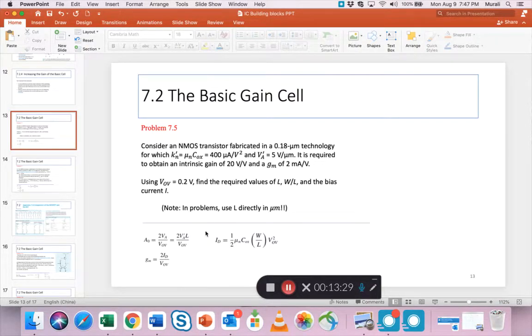These are the formulas to apply. I like to summarize the formulas at the bottom, so you know when you start doing the problem how to proceed. So A0 is like this, gm is this, ID you need, which is dependent on the overdrive voltage, which is given, and everything else is given, so you can easily find ID. Once you find ID, you can find gm, then you can find A0.